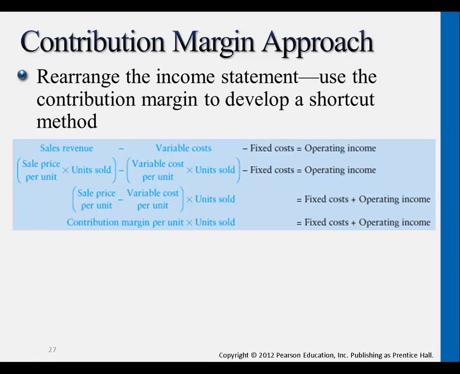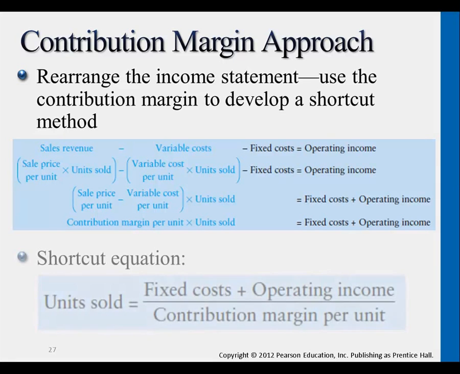So now let's derive this shortcut equation. If we divide both sides by contribution margin per unit, we get units sold.